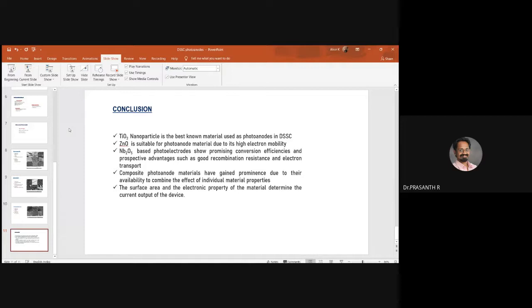It's also to be mentioned that no significant breakthrough has been reported using one-dimensional nanostructured photoanodes due to their insufficient surface area, and this remains a challenge for future researchers. Again, it's well understood that the performance of DSSC is significantly affected by our choice of material to be used as a photoanode. So with this, let me conclude.